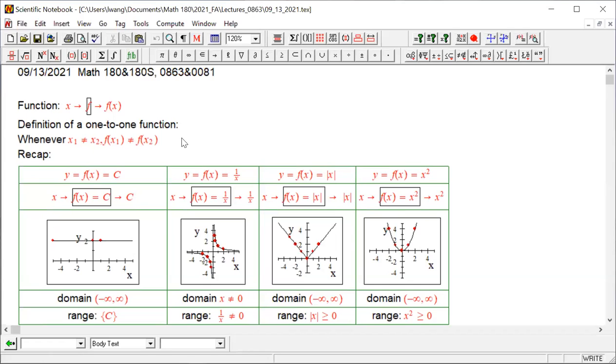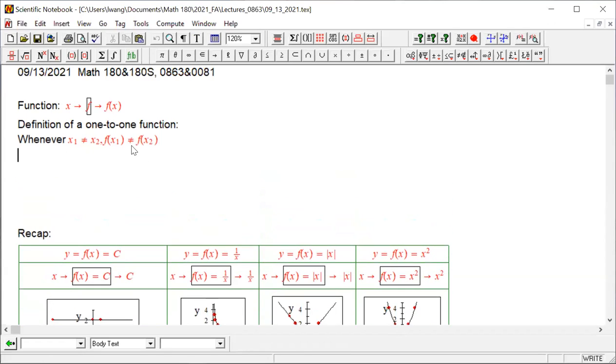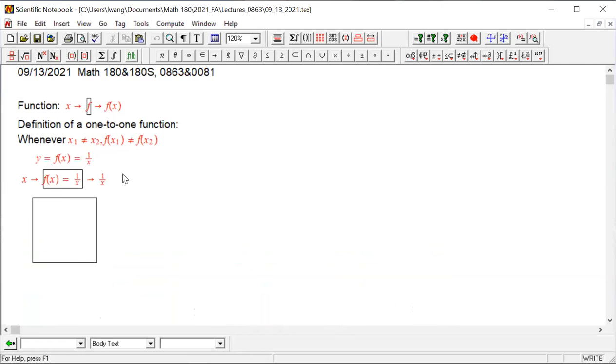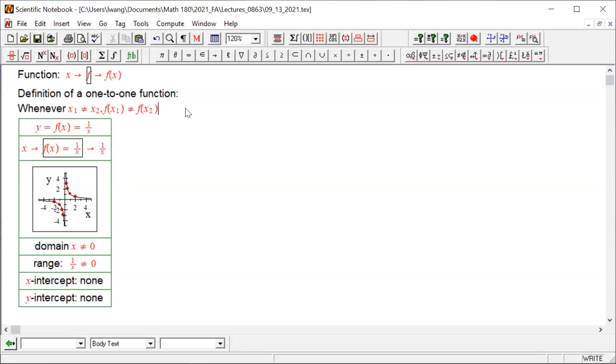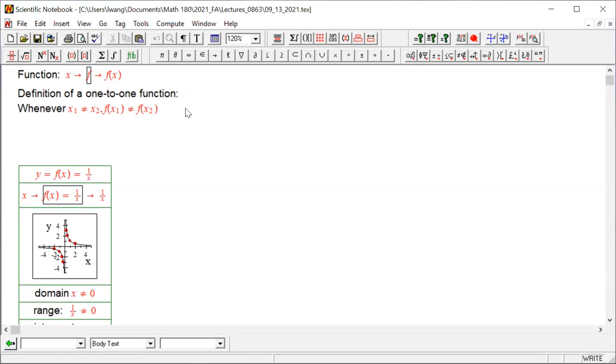I'm going to use this one as an example. First, write this down. If a function is one-to-one, it has an inverse.